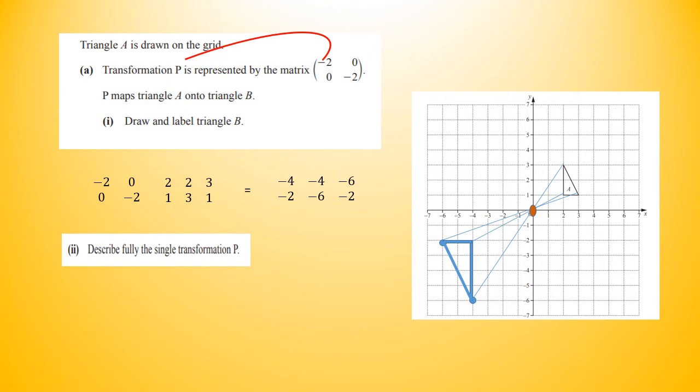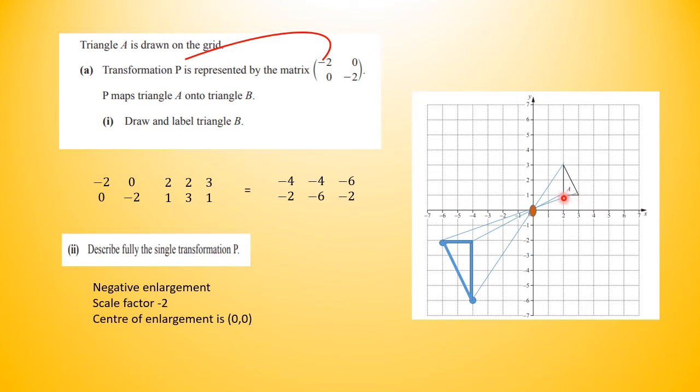Now they are asking you to describe the single transformation of this matrix P. We can clearly see that the single transformation here is an enlargement, because triangle A has enlarged its size on triangle B. And you can also see triangle A has flipped its side. This is triangle A, it has flipped its side when it comes to triangle B.